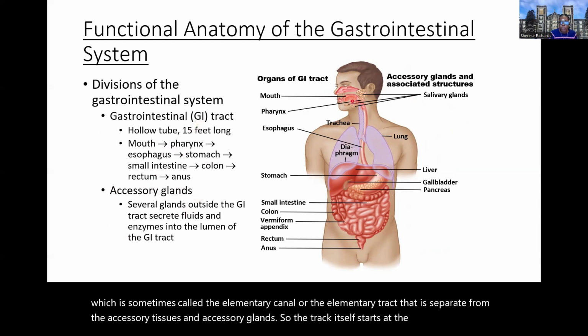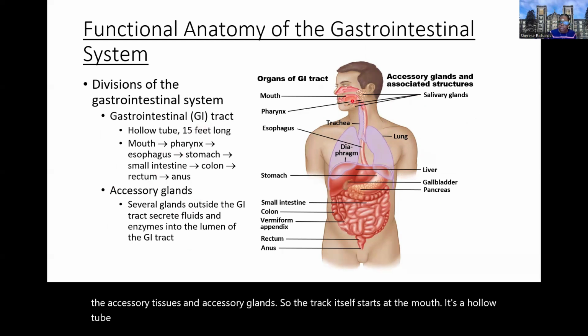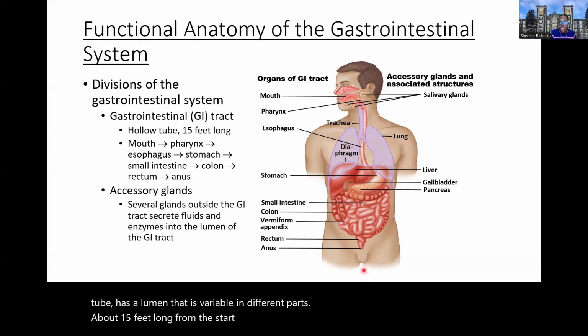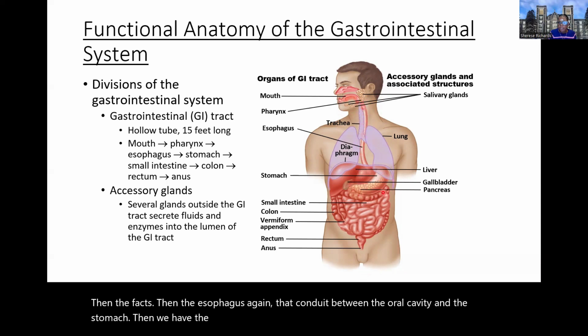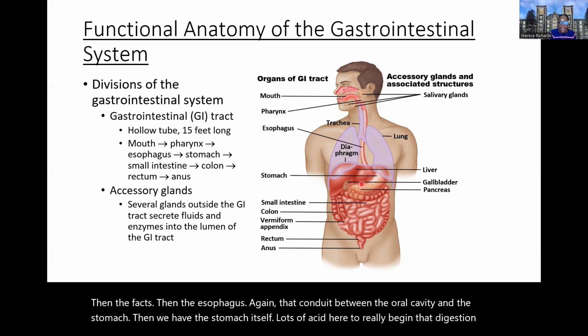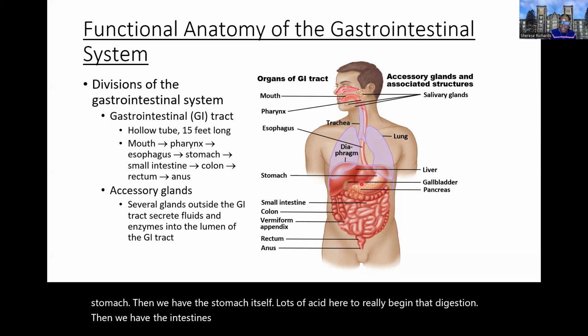It's a hollow tube, has a lumen that is variable in different parts, about 15 feet long from the start to the finish, starting with the mouth, then the pharynx, then the esophagus, again, that conduit between the oral cavity and the stomach. Then we have the stomach itself, lots of acid here to really begin that digestion. Then we have the intestines, which can be divided into small intestines, large intestines.